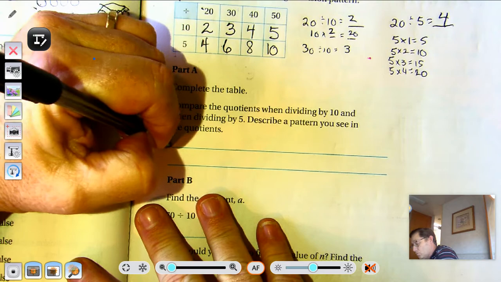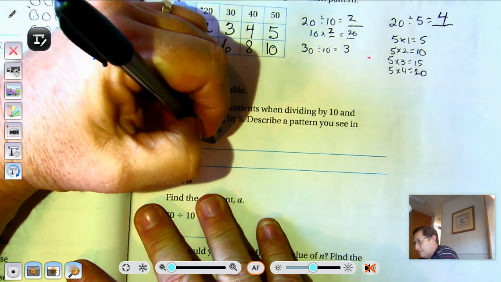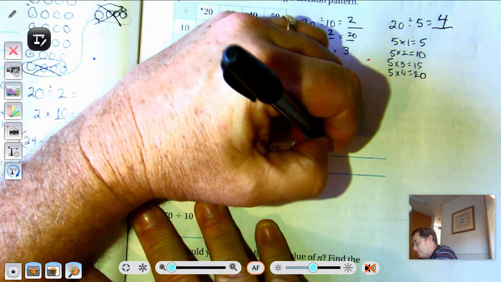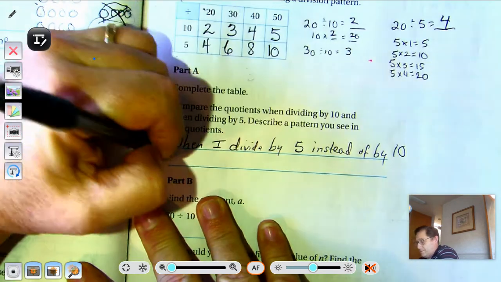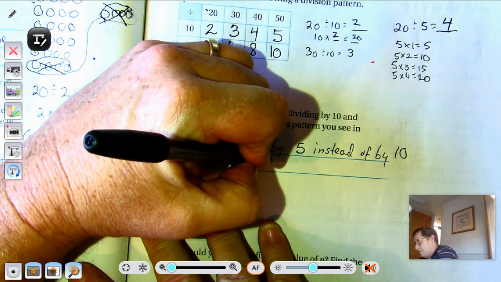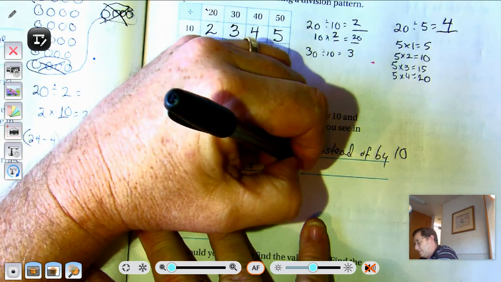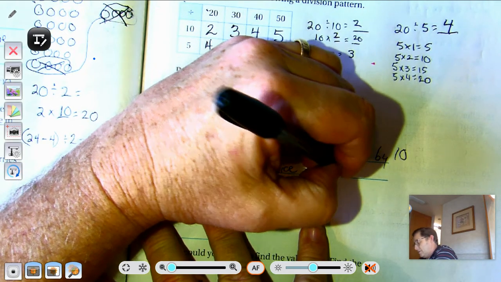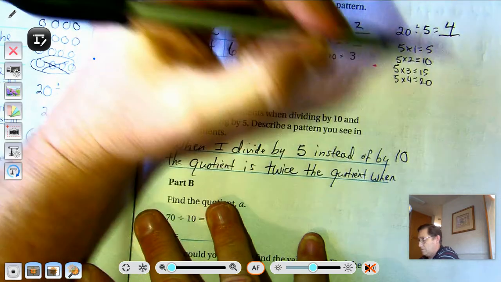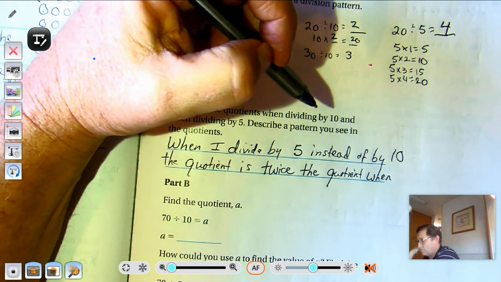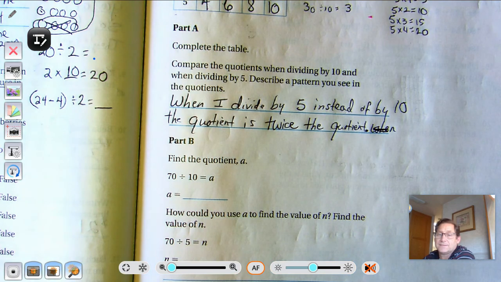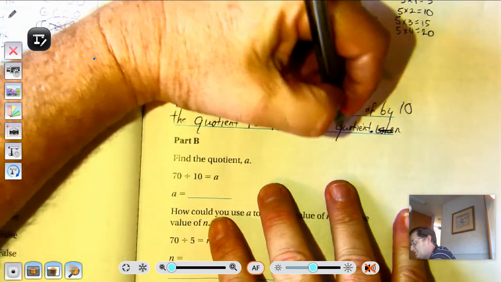Okay, so when I divide by 5 instead of by 10, the quotient is twice as much.